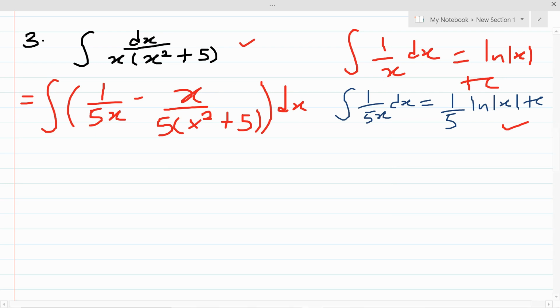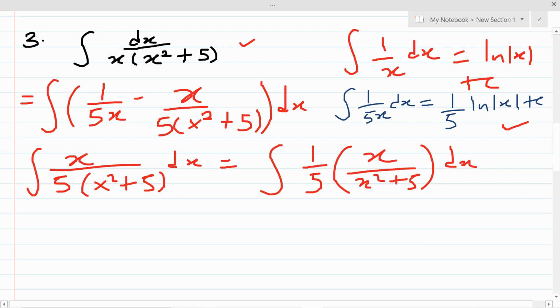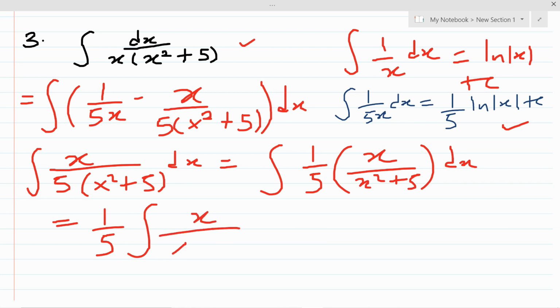Now the second part is the integral of x over x squared plus 5 dx. Now this is the same as the integral of 1 over 5 times x over x squared plus 5 dx, okay. And so this should give me 1 over 5 out, the integral of x over x squared plus 5 dx.